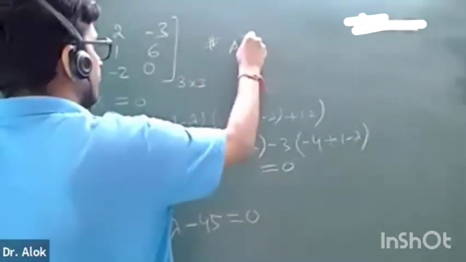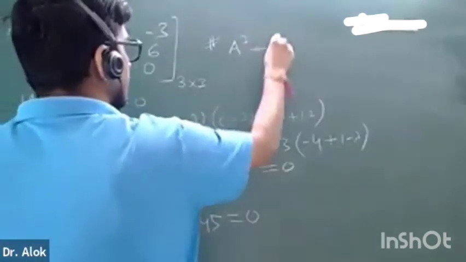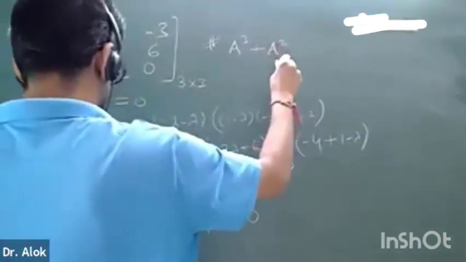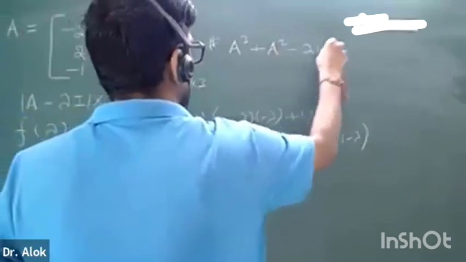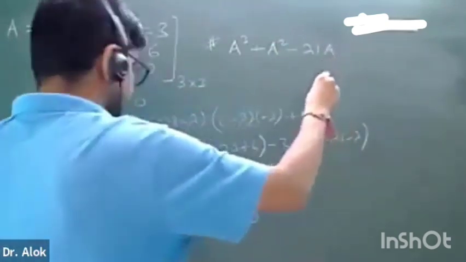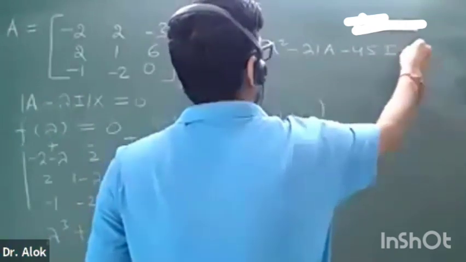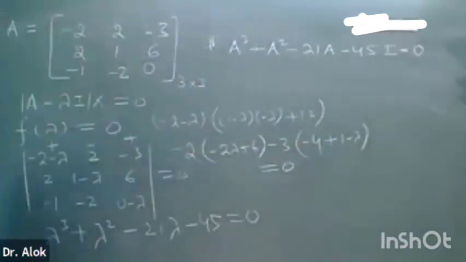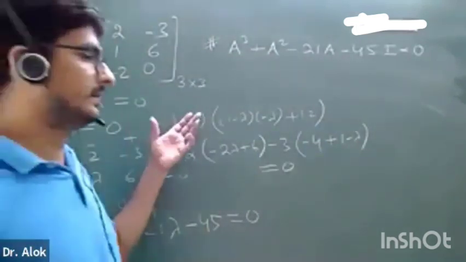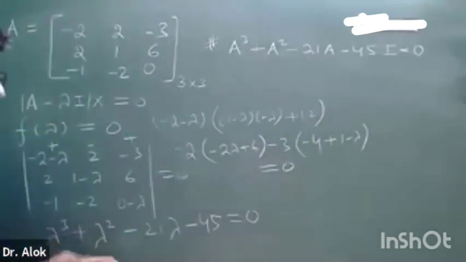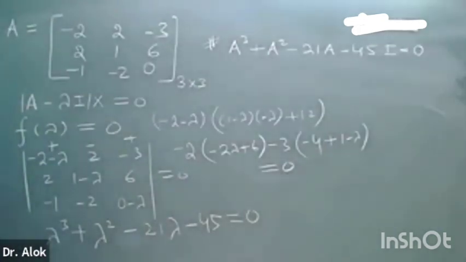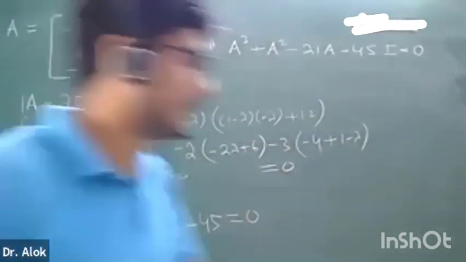A cube plus A square minus 21A minus 45I is equal to 0, because every matrix follows its own characteristic equation.